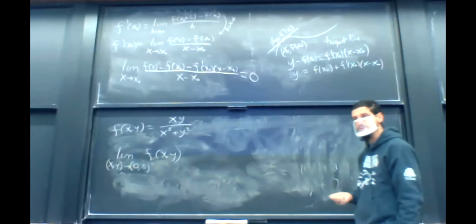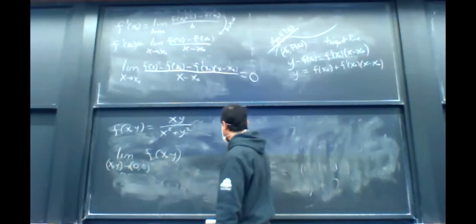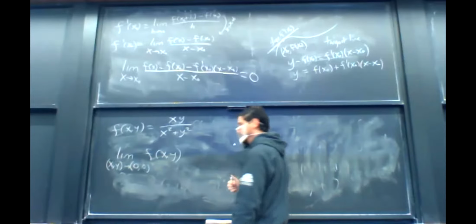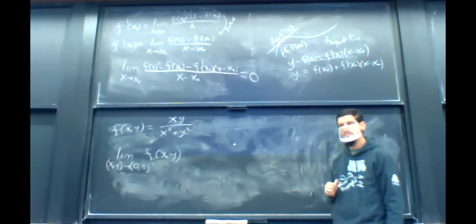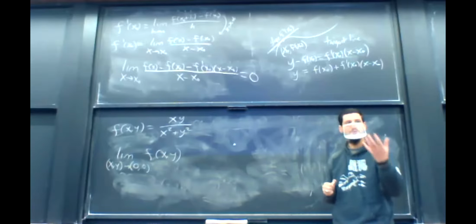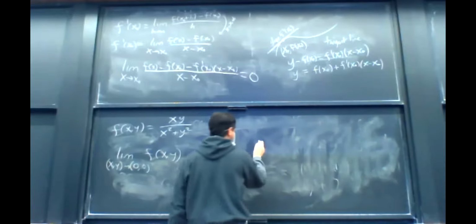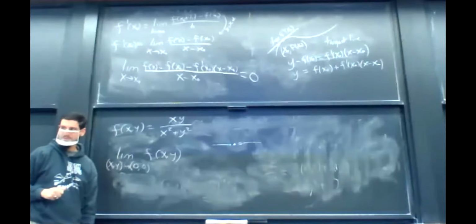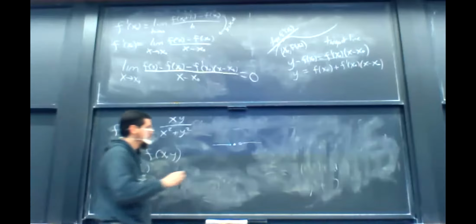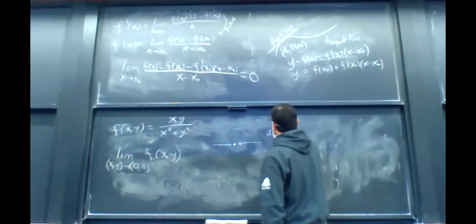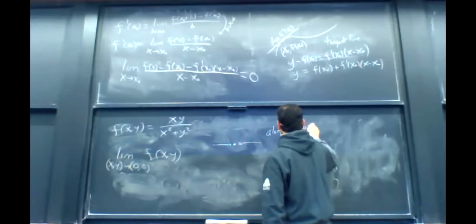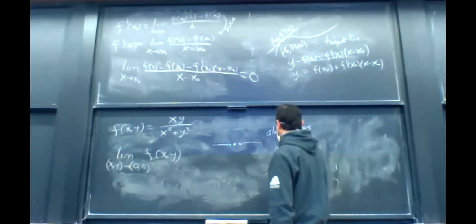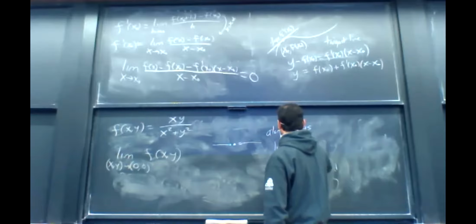So the simplest thing we can do is try some path. Can somebody give me a path to get to (0, 0)? Yes. Let's come along the x-axis. If we come along the x-axis, y equals 0. So along the x-axis, it is the limit as x goes to 0 of x times 0 over x squared plus y squared.